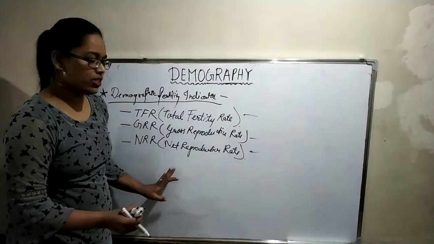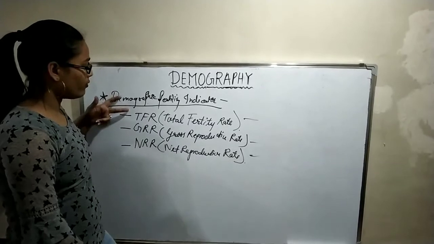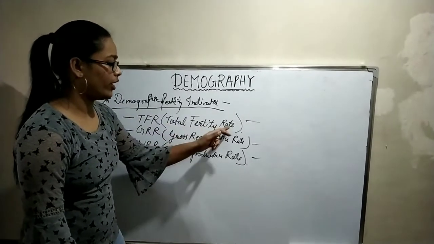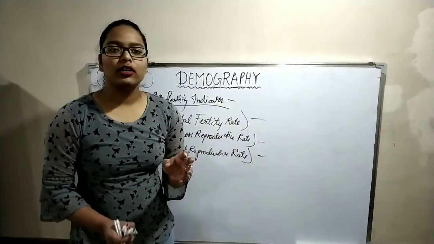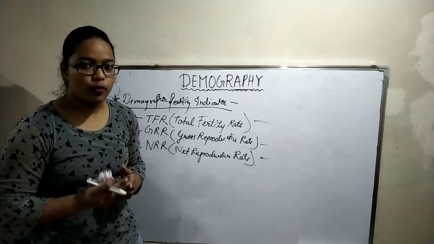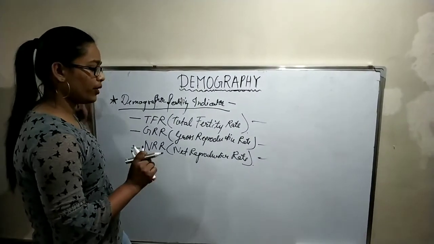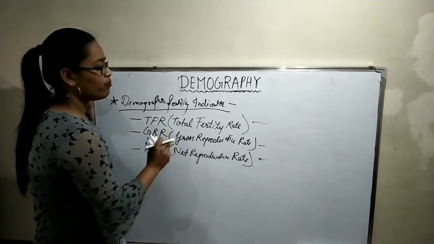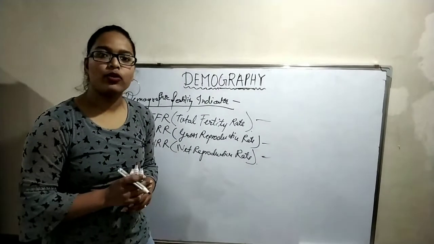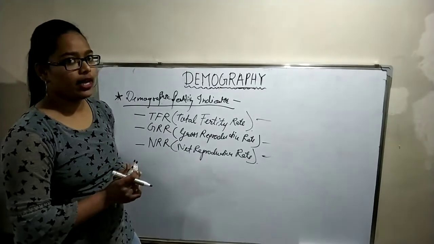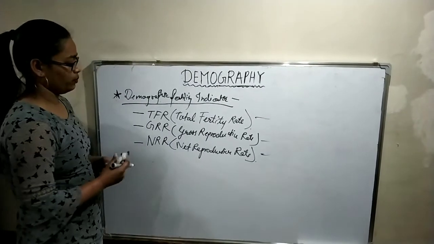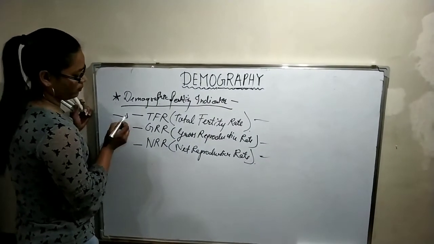These three definitions are mainly used. So TFR is total fertility rate, the number of children born to a woman in her entire life of reproductive age. Means total number of children born to a couple in her entire reproductive age. This is TFR.